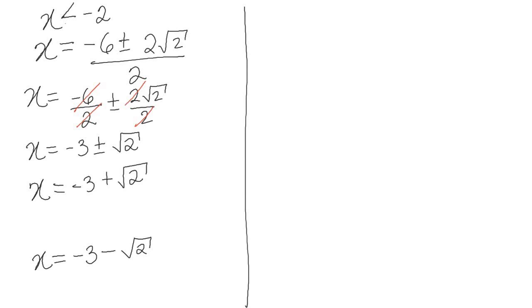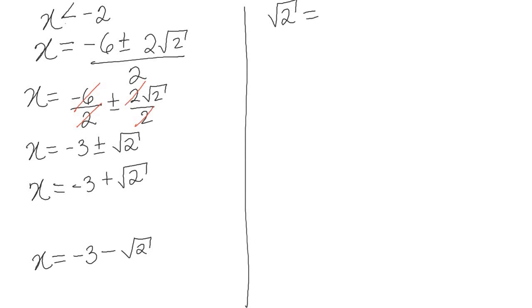So we are trying to figure out which one of them has a value of less than -2, right? Because we're dealing with the case 1 basis. So what we end up doing is to find the approximate value of the square root of 2.